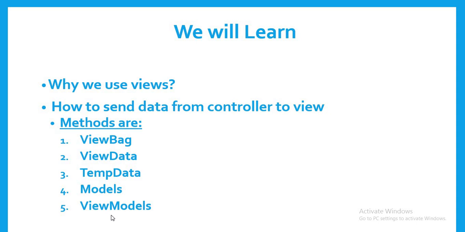You can also use cookies and sessions to send data from controller to view. For now, let me show you how to send data from controller to view using ViewBag, ViewData, and TempData.